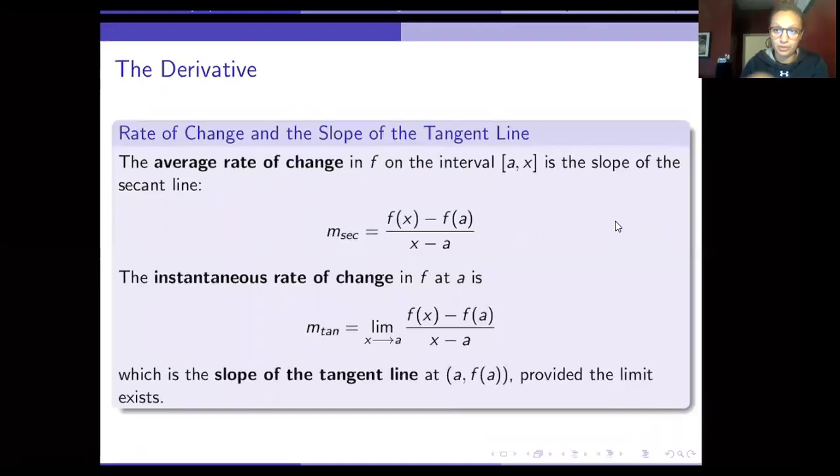We saw in the previous video for section 2.1 that we can talk about an average rate of change or an average velocity. So the average rate of change in a function f on the interval a to x is the slope of the secant line. And remember, a secant line passes through a curve at 2 points. So let me quick draw my secant line.